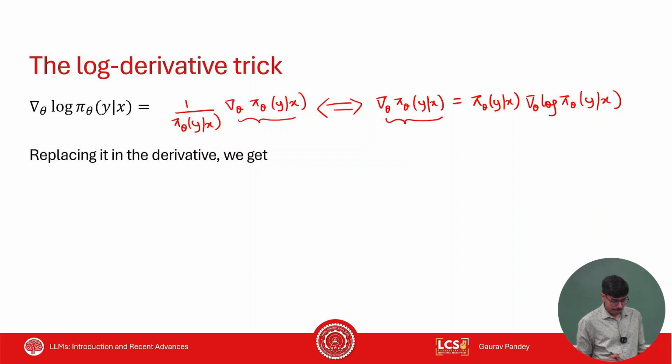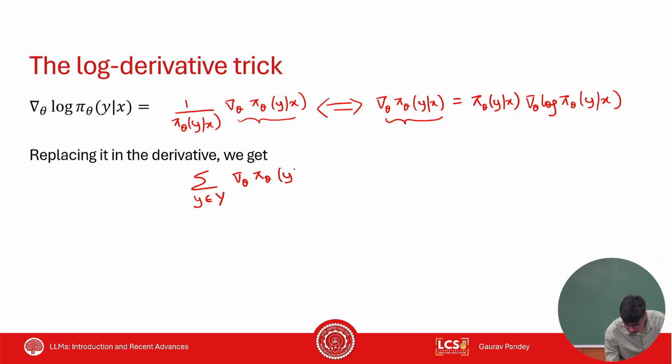So this quantity is what I'm going to replace in the term that we had. Let me write down what we had earlier. The earlier derivative was the summation over y belonging to Y, the domain of all outputs, of gradient theta pi theta y given x times r of x comma y. And now I want to replace this quantity by this.